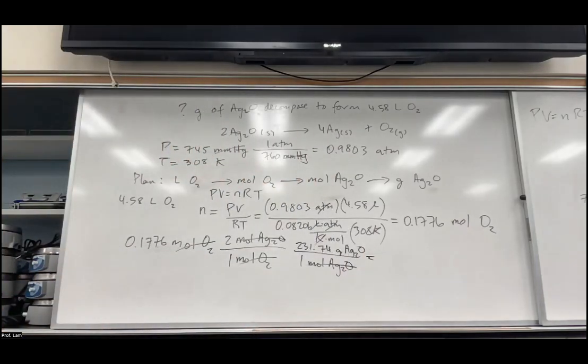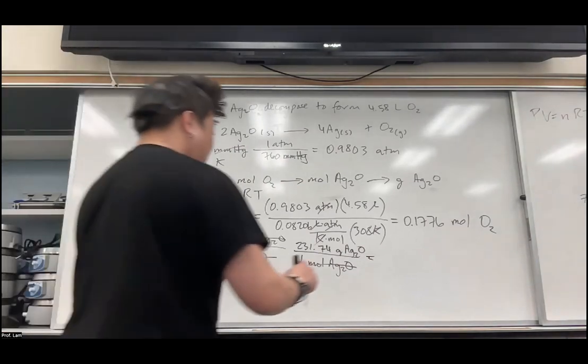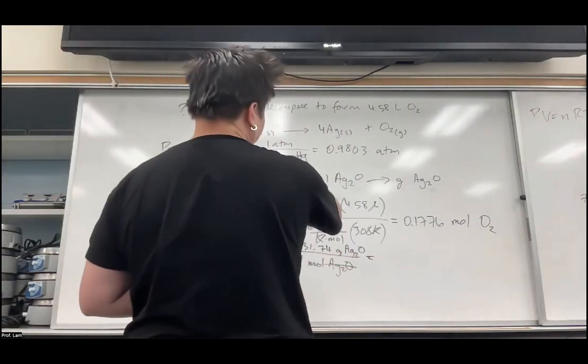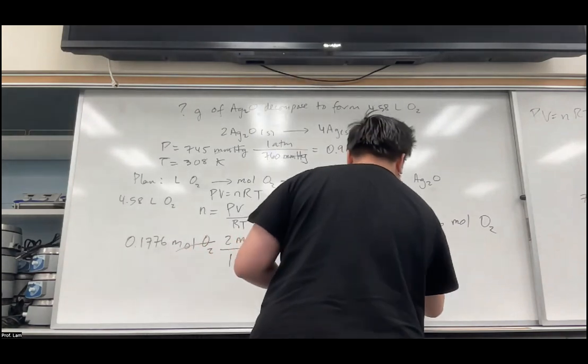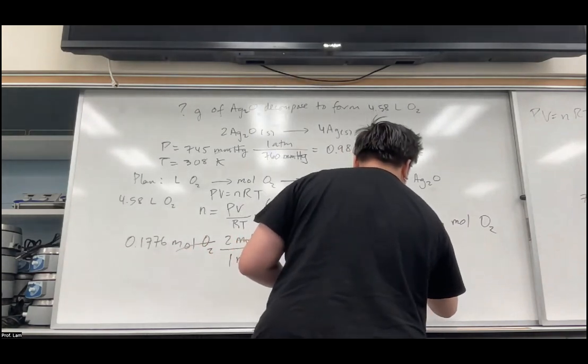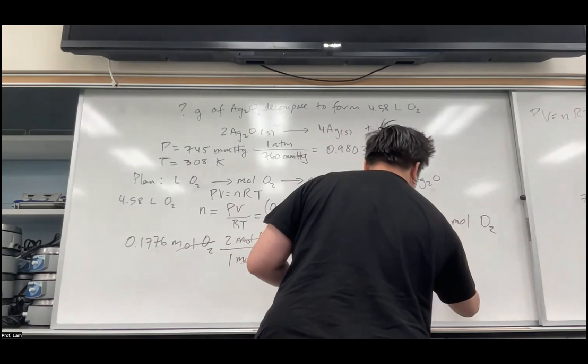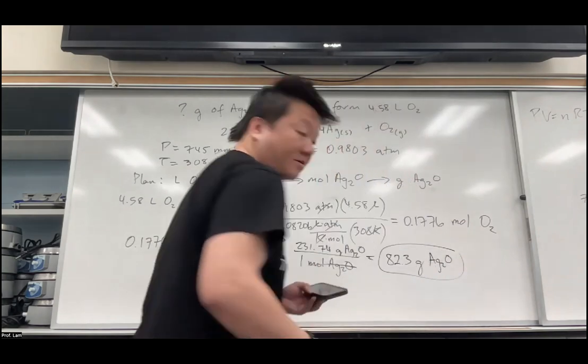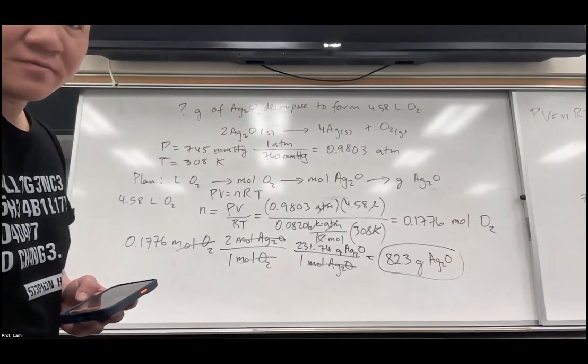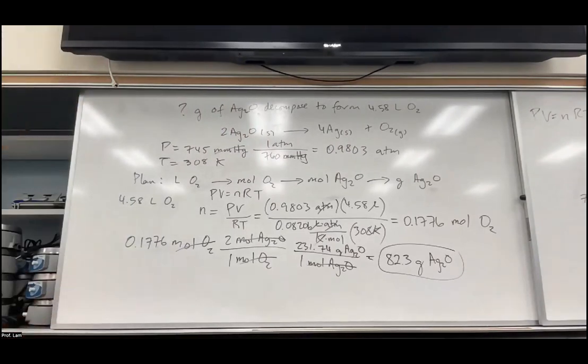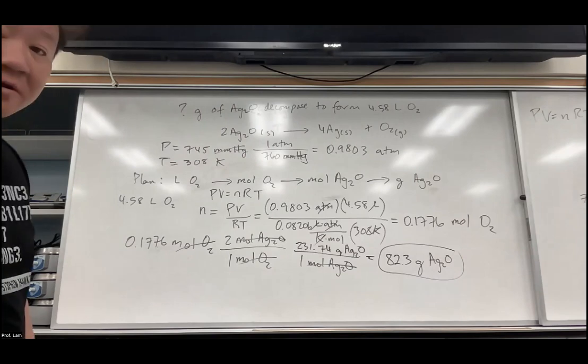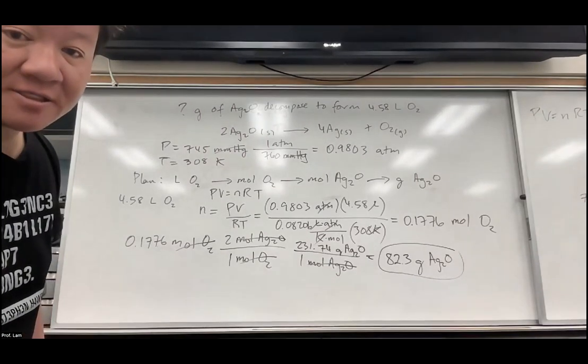So what is that equal to? How many sig figs? We got 3, right? So 82.3 grams of Ag2O. And let's go back to the slides.